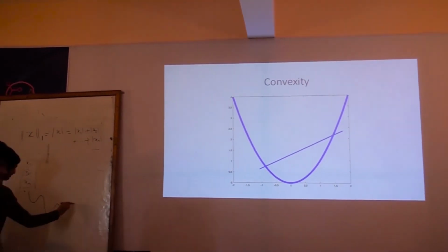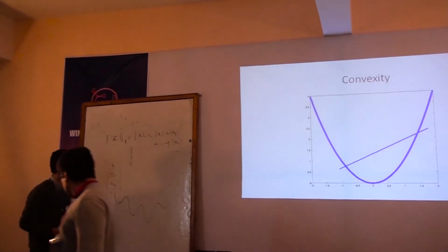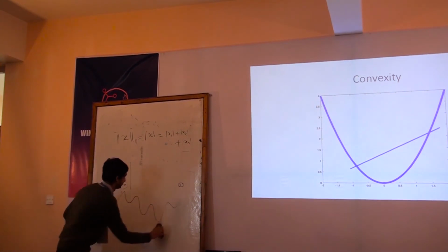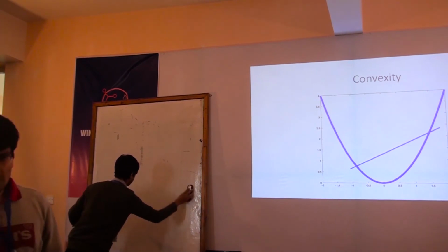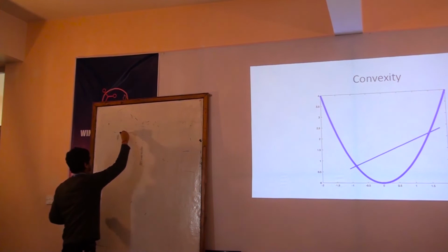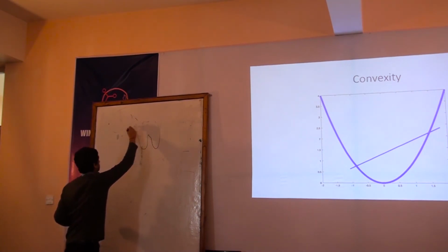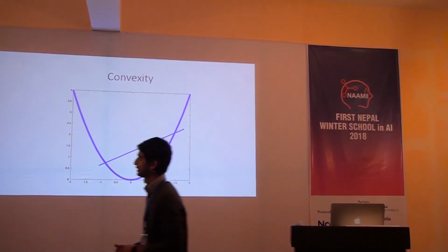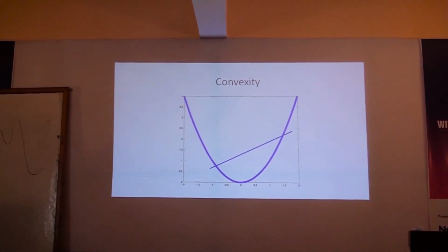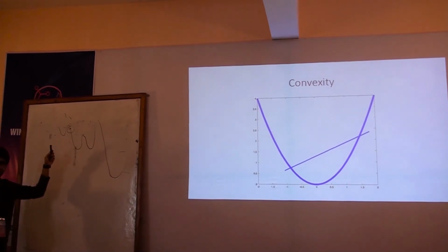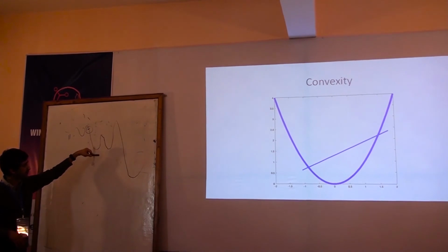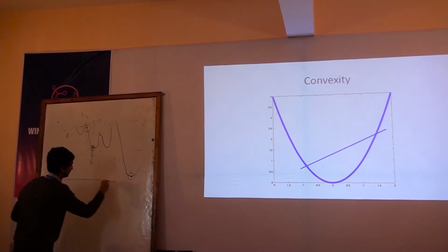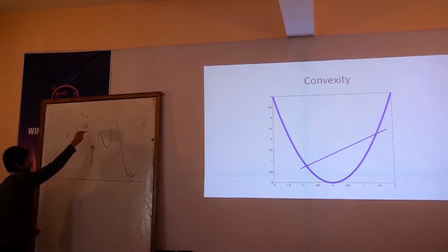And you don't know which minimum you end up with when you optimize. For example, if the function is not convex, it might have multiple minima, and you might get stuck in what you call a local minimum, because this is clearly the best minimum among these, but if you optimize from somewhere here, you'll never reach there.